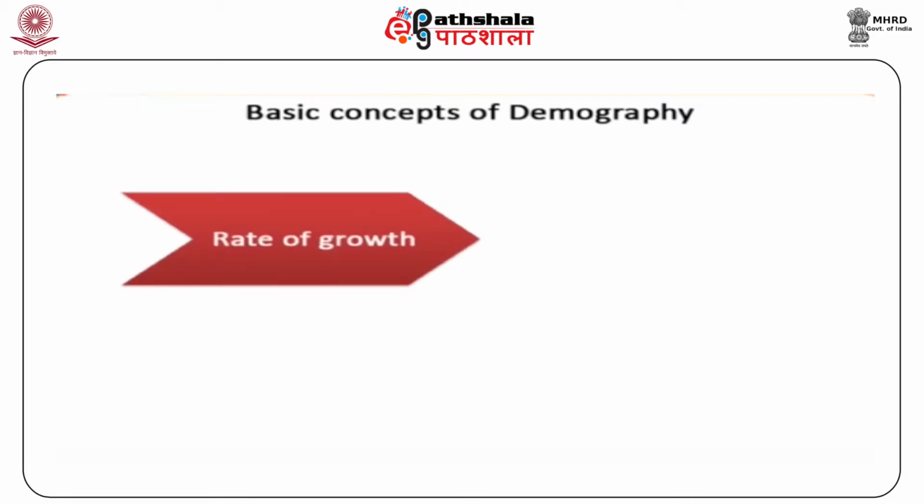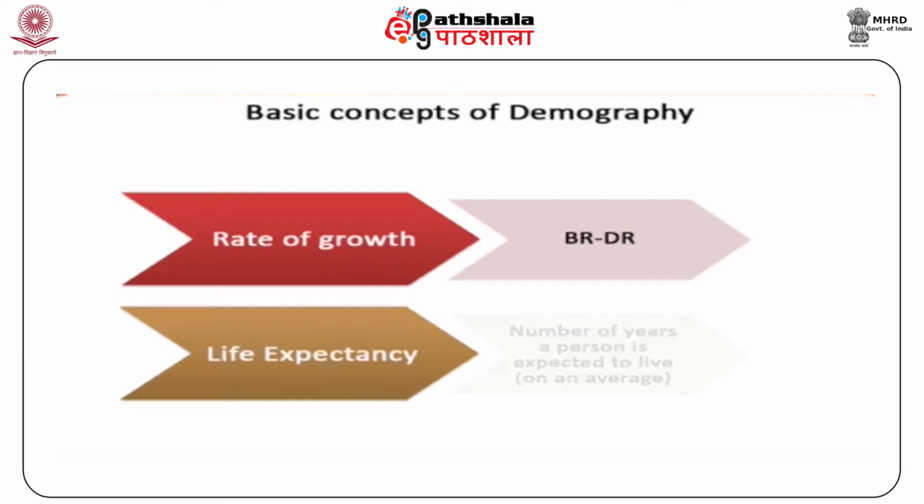The rate of growth of population depends on the birth rate and the death rate. It can be written as BR minus DR, the rates being calculated per thousand. Life expectancy is the number of years a person is expected to live on birth on an average.